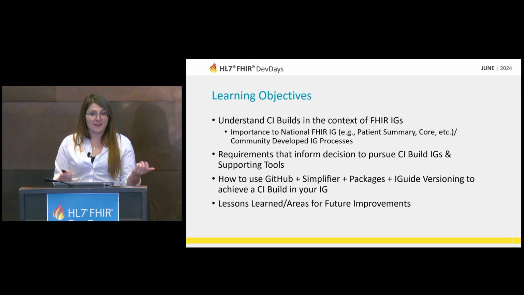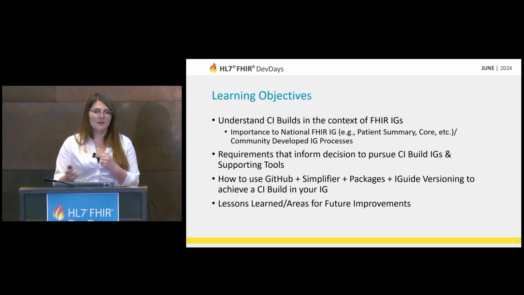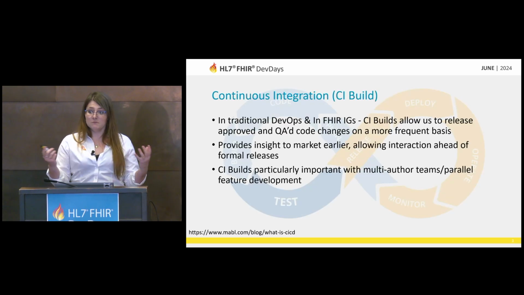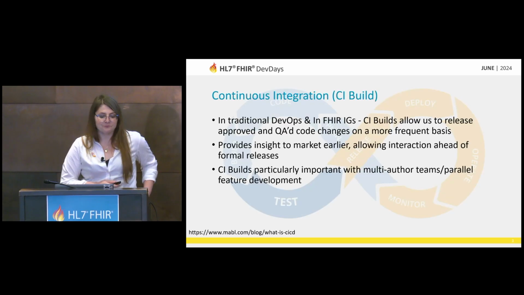And then I'm going to talk to you about some of the pain points we've had and put some ideas out into the universe for areas of improvement that, if they sound good to you, maybe we can collaborate on.